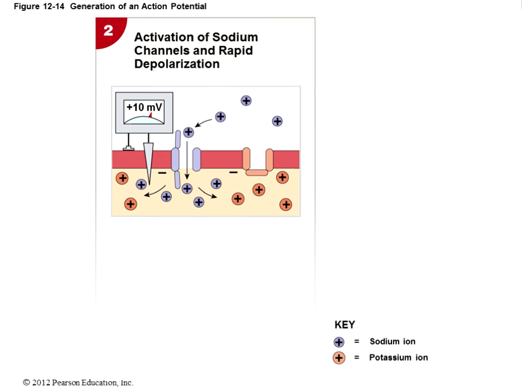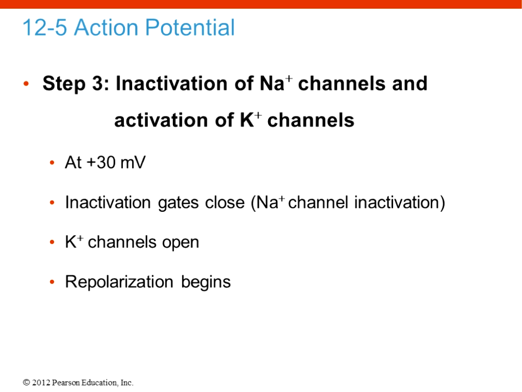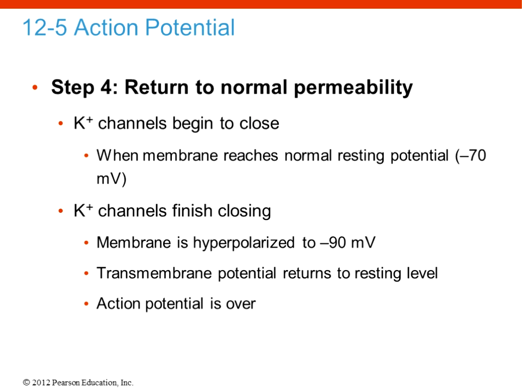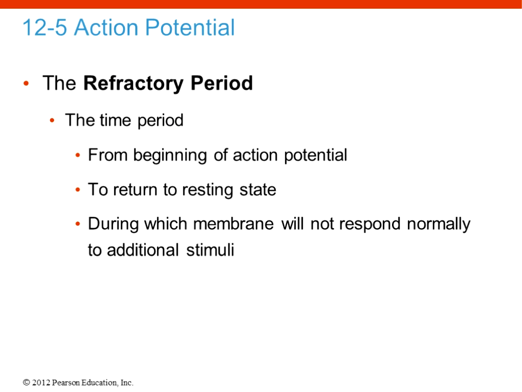The membrane becomes more positive, and you have this rapid depolarization, very significant. The impulse is sent typically at around +30. The inactivation gates will close, and repolarization will begin. And then finally return back to normal permeability. You may have some hyperpolarization, but the action potential is over at that point.